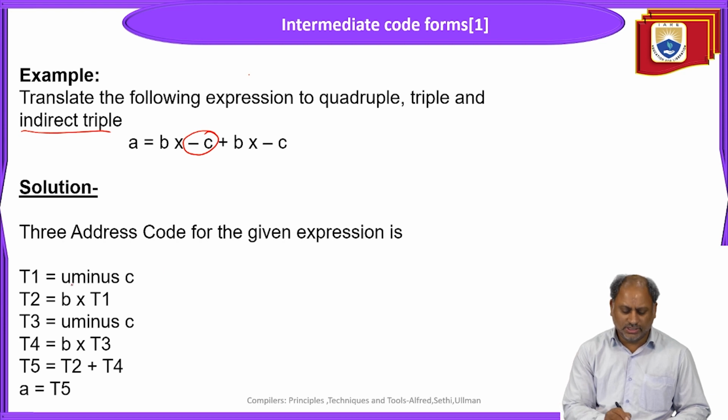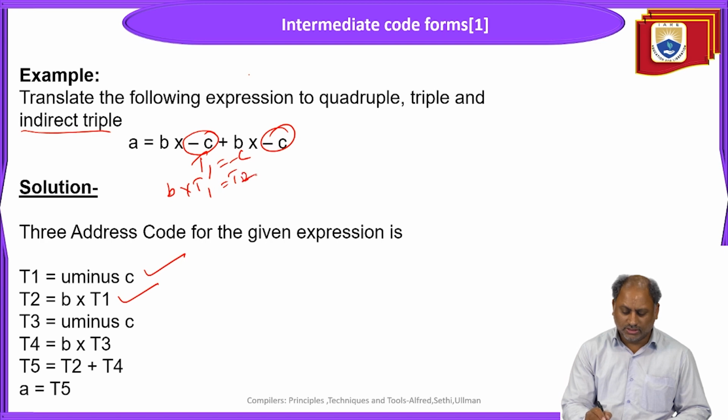unary minus C is to be considered as 1 temporary, that is T1. And then A equal to, what is next? If you consider this T1, next B into T1, you can take 1 more temporary, that is T2.